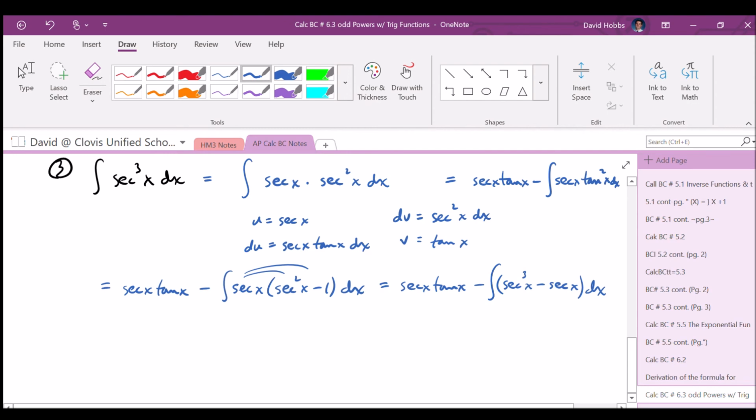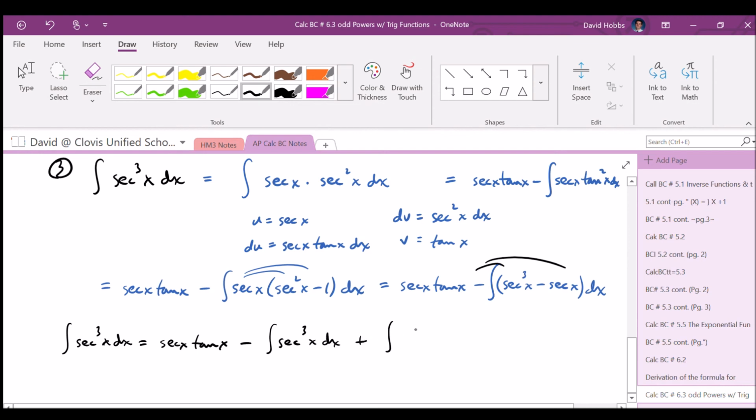But let me rewrite what we started with here. We had the integral of secant cubed x dx equals secant x tan x. I'm going to distribute the negative here, and break it up so I'm integrating term by term. So I have minus the integral of secant cubed x dx, and then if I distribute the negative, I get plus the integral of secant x dx.